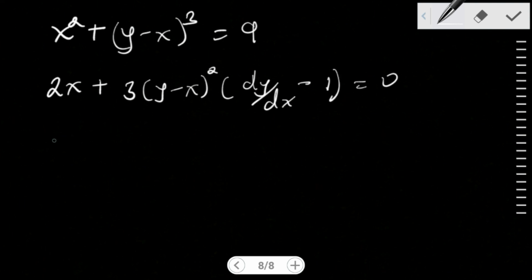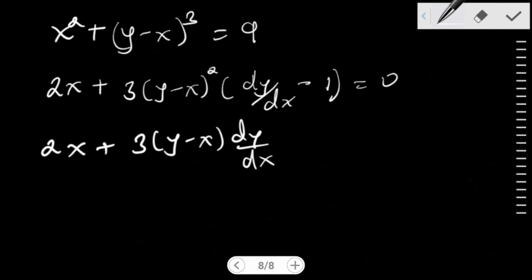Therefore, I'm going to have 2x plus, now multiply these throughout, so this is going to be 3y minus x dy dx. So multiply this all throughout, minus 3y minus x. But this was having a squared here, this was also squared, and therefore this would be equals to 0 in this case.